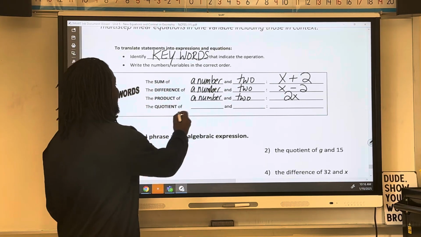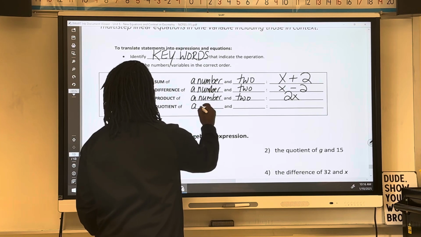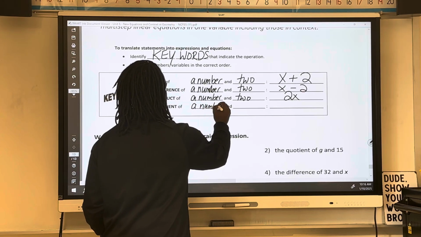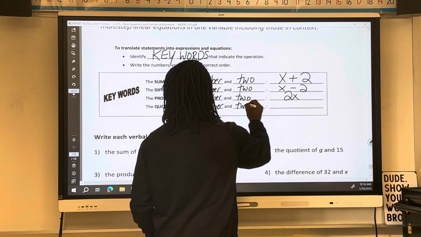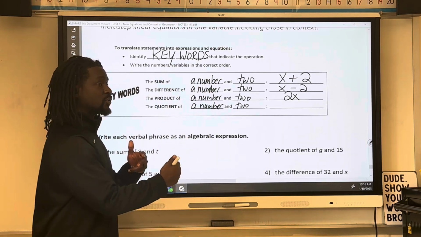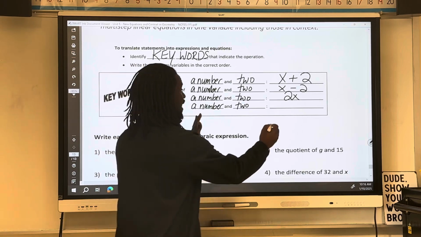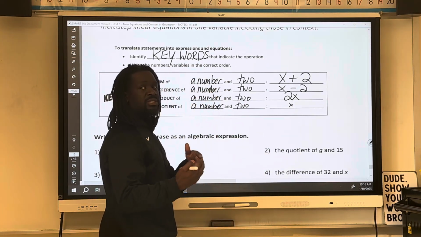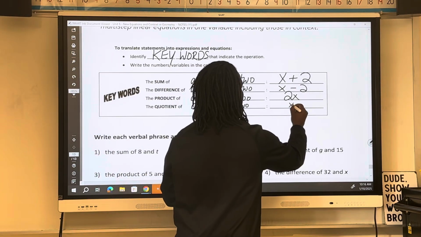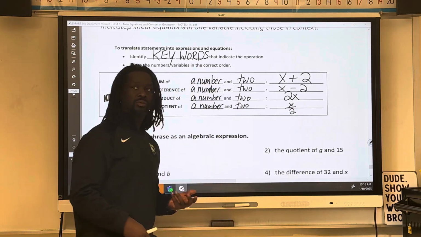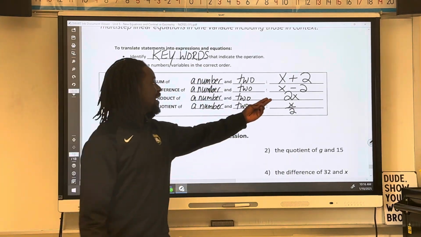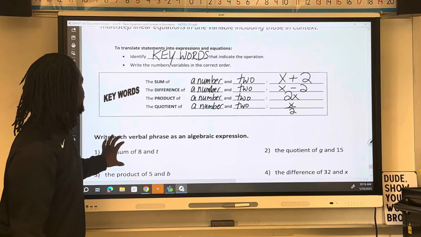And if I was finding the quotient of a number and 2, it would be division. I'm not going to use the division sign. Instead, I'm going to write it as a fraction, X over 2. That means X divided by 2.